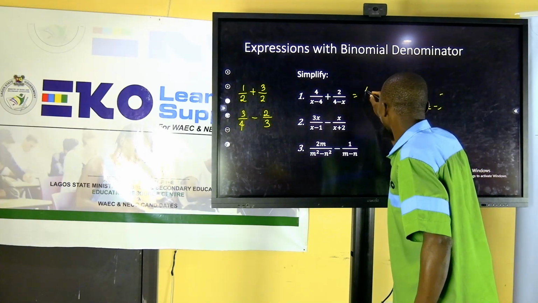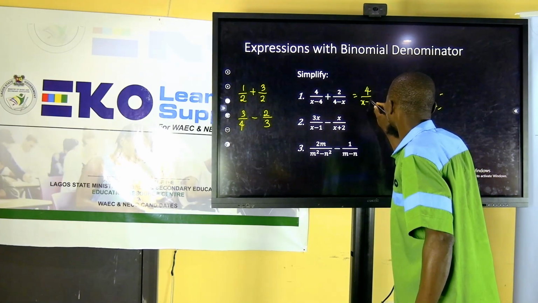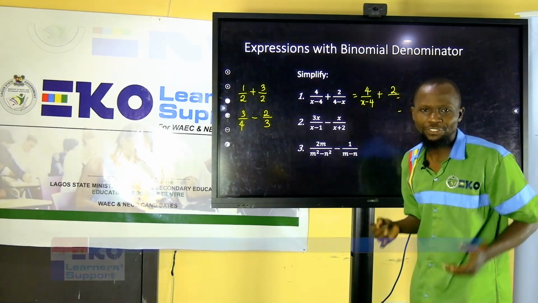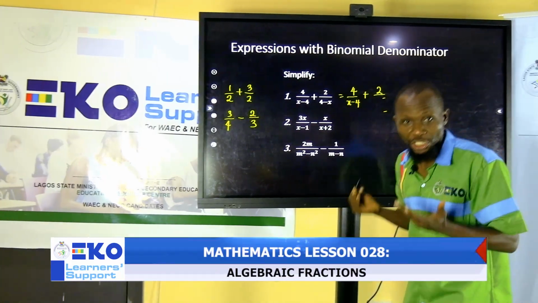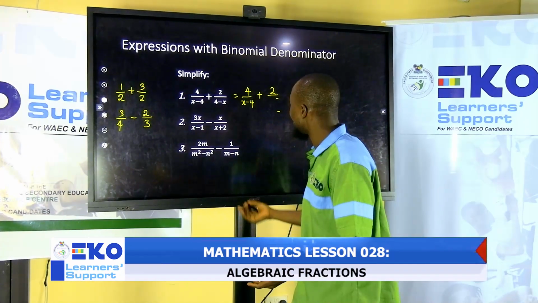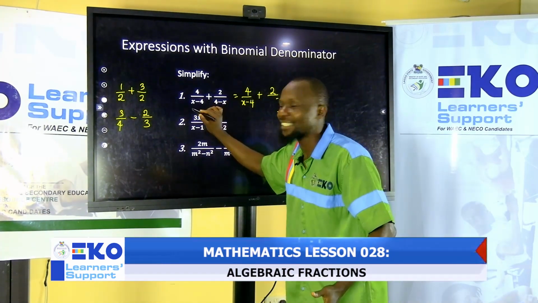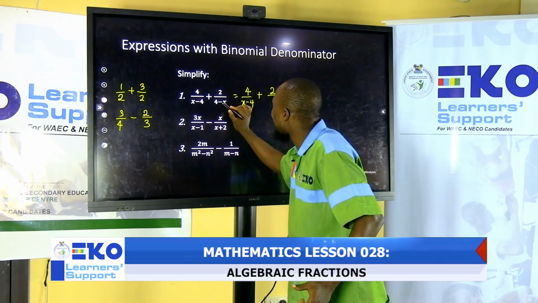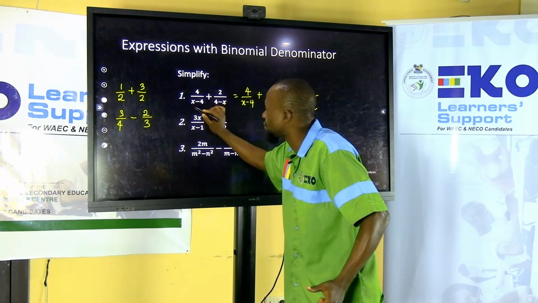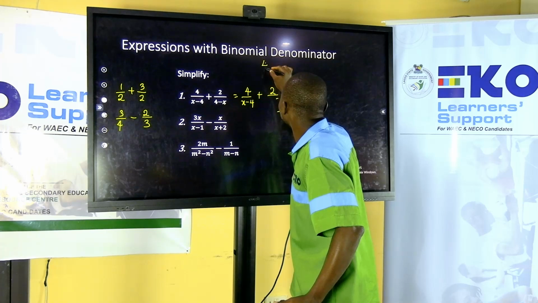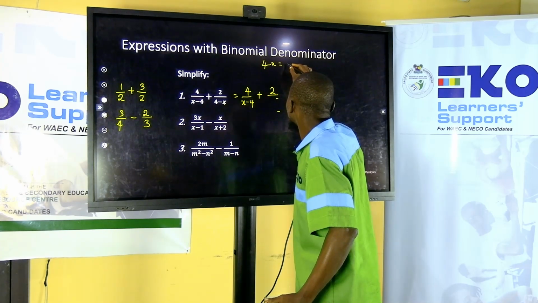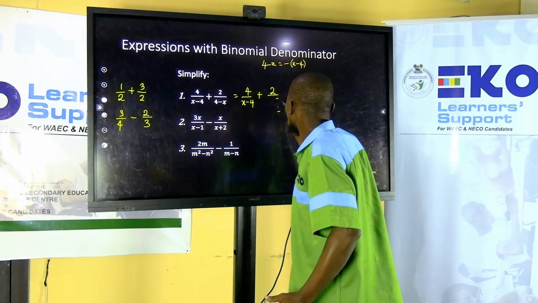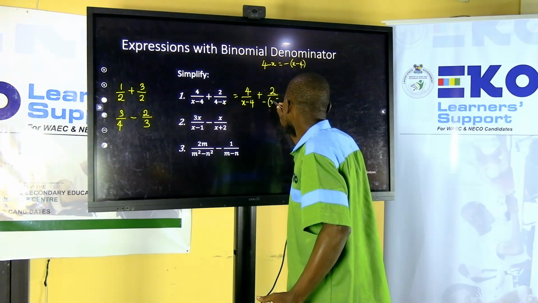It will give us 4 over x minus 4 plus 2 over 4 minus x. Anytime you want to change that, based on the fact that they are related, this will produce minus of this. So I can actually change this to minus this. So 4 minus x can be changed to what? Minus into bracket x minus 4. So you change it, minus into bracket x minus 4.